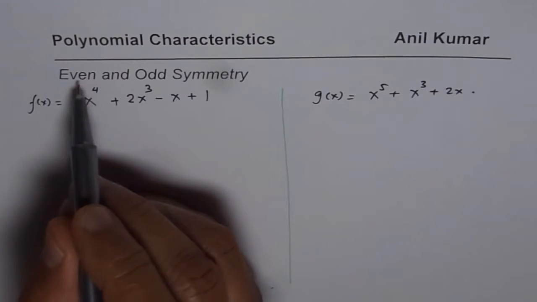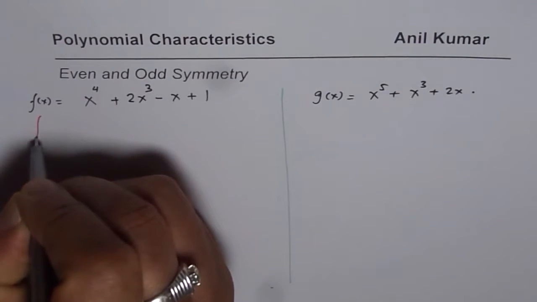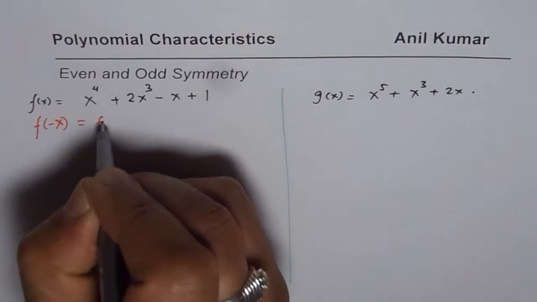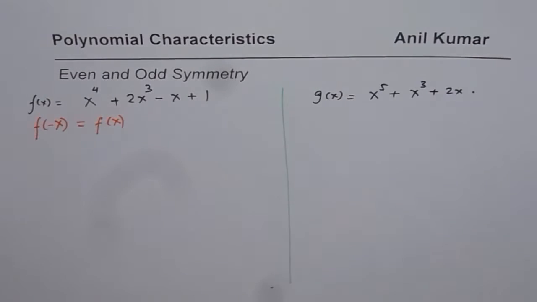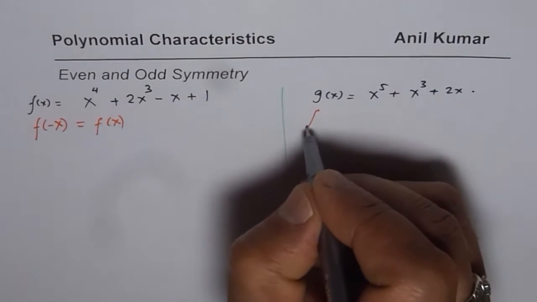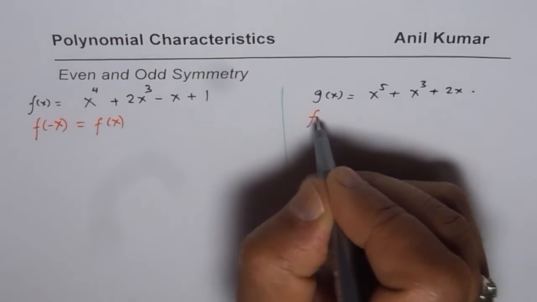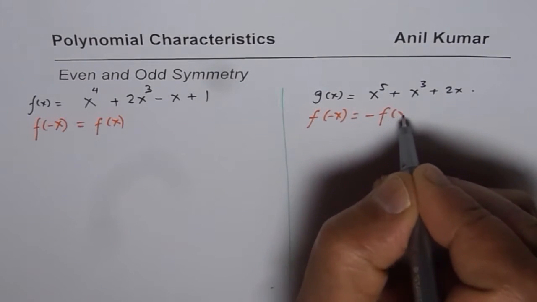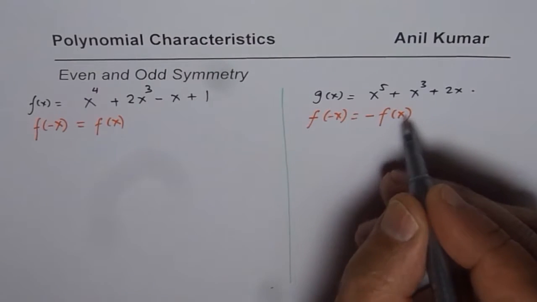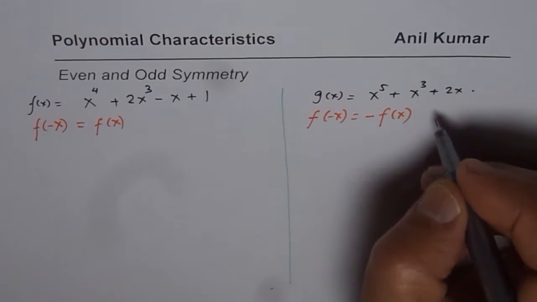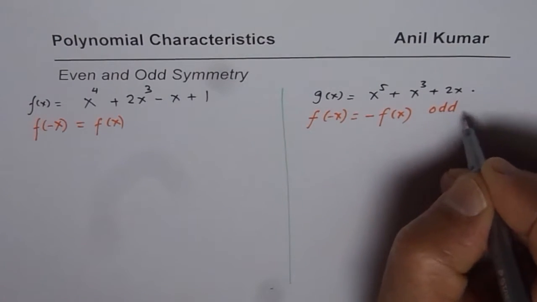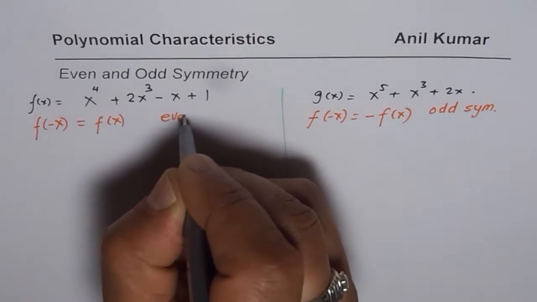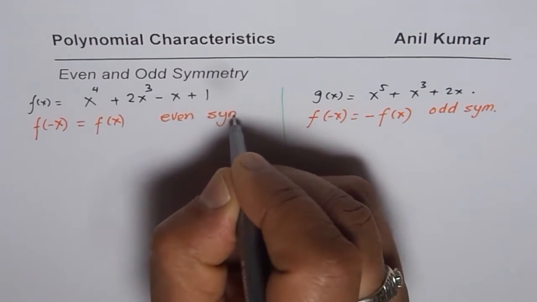Now the condition for even symmetry is that if you calculate f of minus x, you should get f of x. That means even symmetry. But if you calculate f of minus x and you get minus of f of x, in that case it is an odd symmetry polynomial. So that is odd symmetry, and this one means even symmetry.